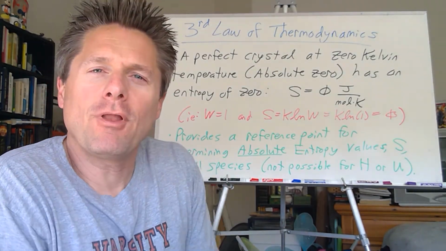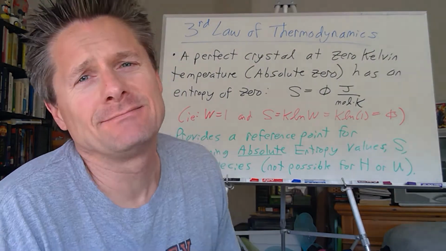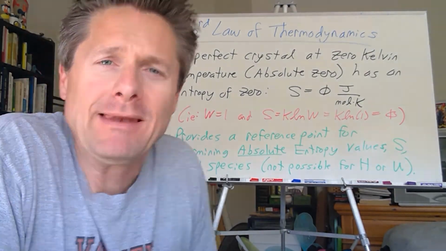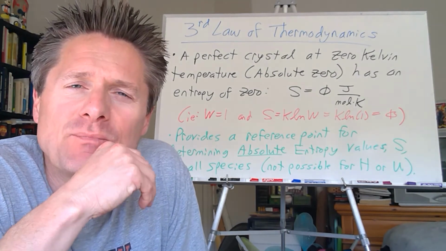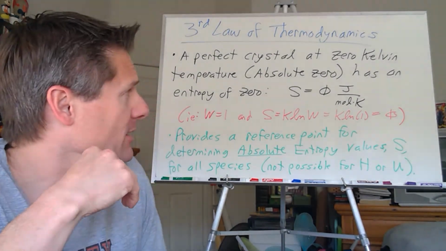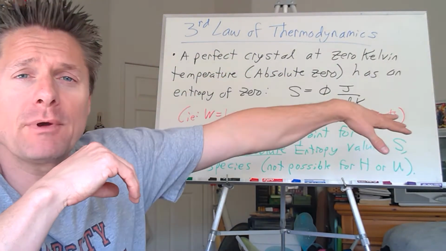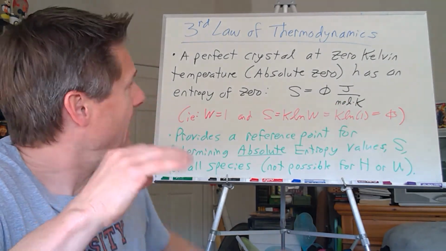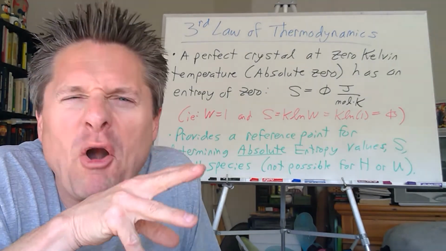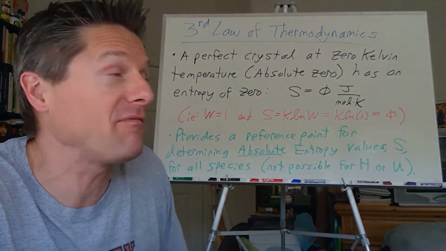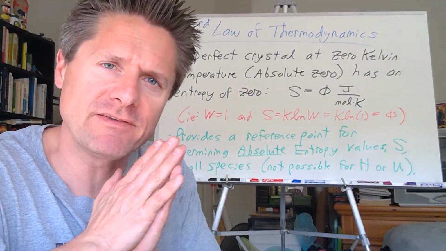All right, the third law seems less relevant to most people than the second law, but this will have some ramifications for calculating entropy changes later. And I'll talk about that when I'm done here. So the third law of thermodynamics says that a perfect crystal, right? No impurities, just theoretically perfect. My wife is perfect.